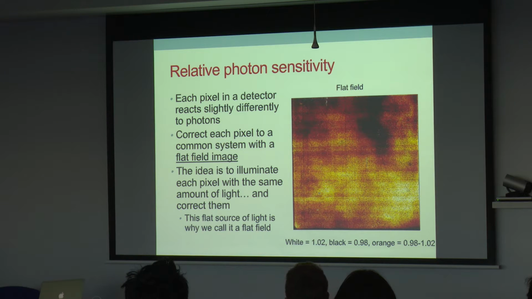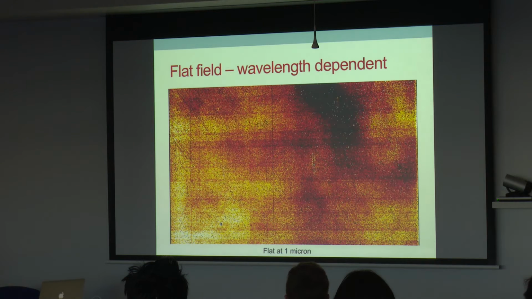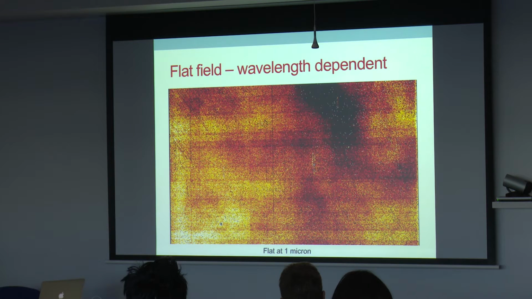This is an image taken of a very flat source of light, actually the night sky during twilight. And you can see there's a lot of structure, and this is just the pixels behaving a little bit differently. It depends on the wavelength as well, so pixels respond differently at different wavelengths. This is at 1 micron, and the next image is at 2 microns.